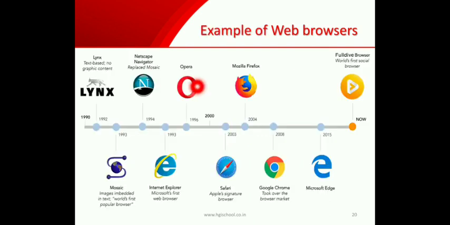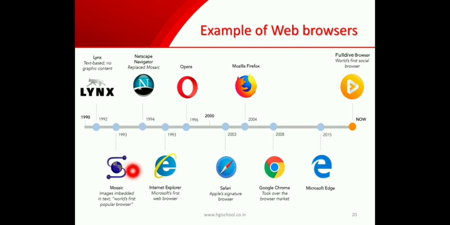You can see various browsers are shown and the year in which they were developed. Lynx is a text-based web browser. In this web browser we can see only the text of a particular web page. Then NCSA Mosaic was developed, with images embedded in text.